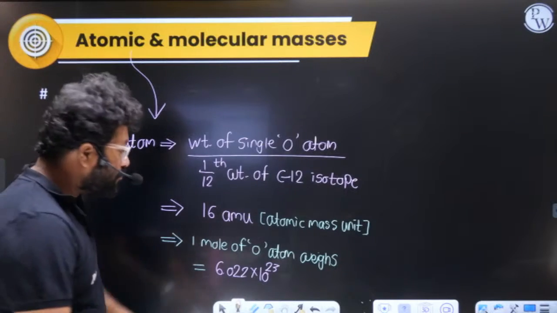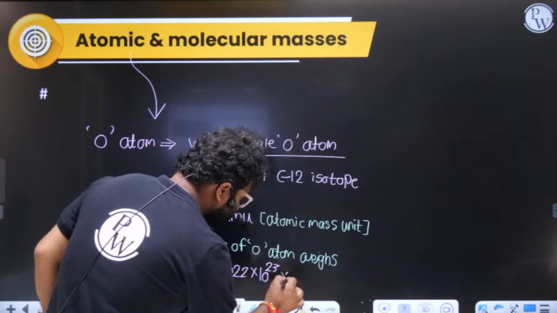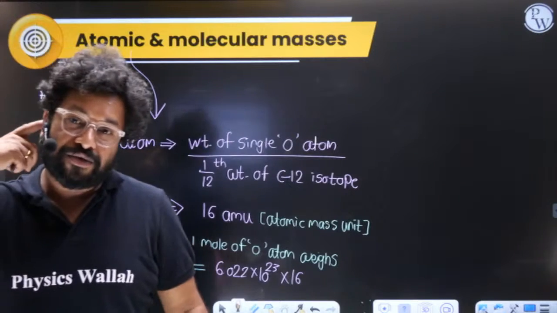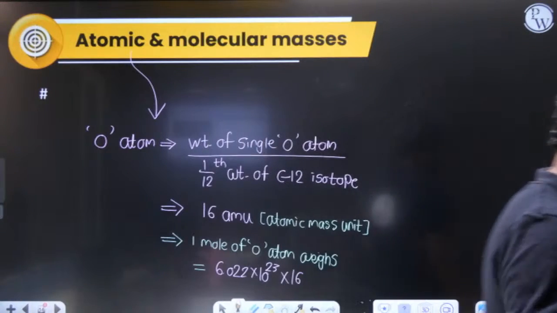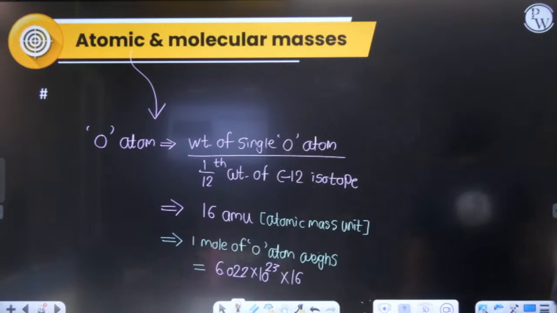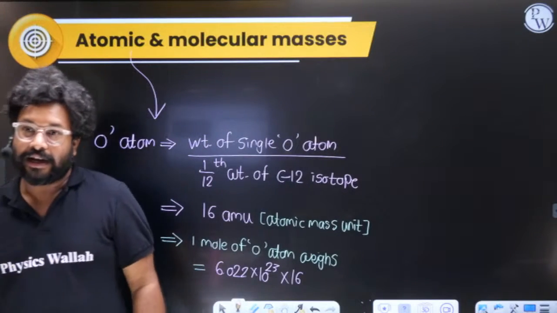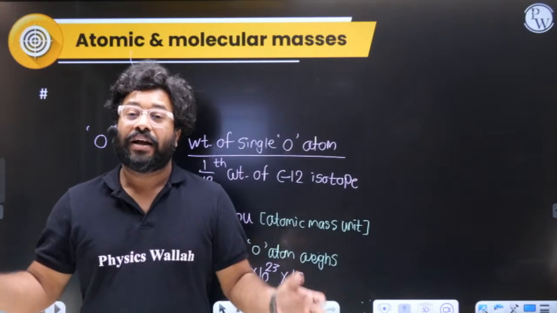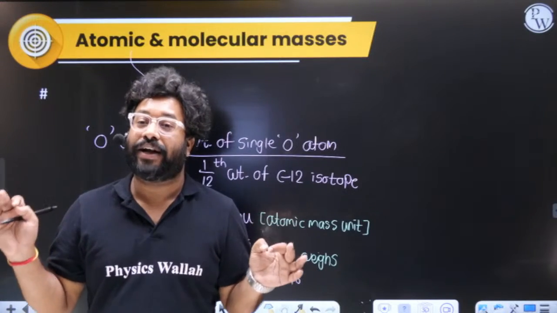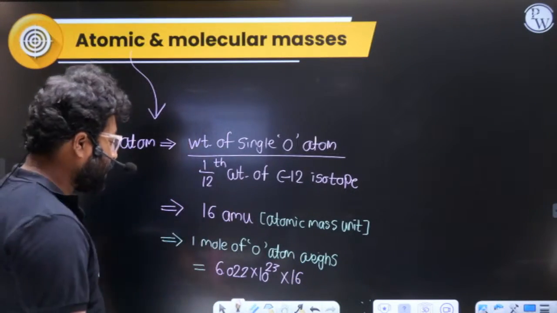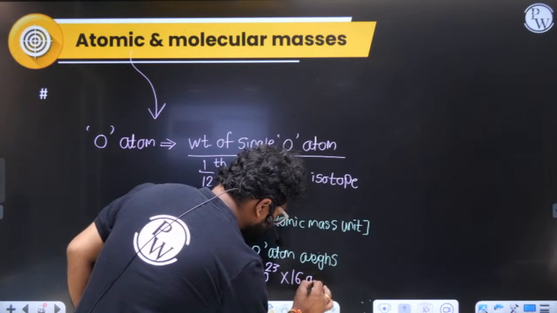Now that multiplied by 16 AMU. What is the AMU? If you take the AMU in grams, how much is it? It comes out to be 10 raised to minus 24 grams. So 16 AMU.